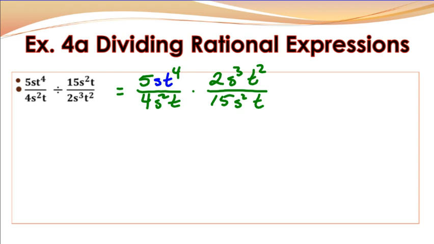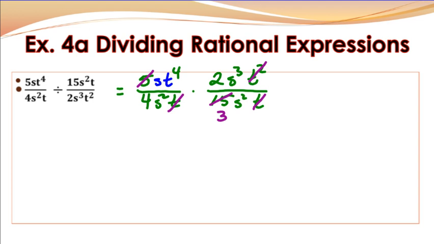Now I can go about simplifying. I can look to see if there's anything in common first. So I know I can divide a 5 here and divide a 5 here and I get 3. I have t squared. This t squared can divide out this t and this t because there's 2 t's on the bottom.